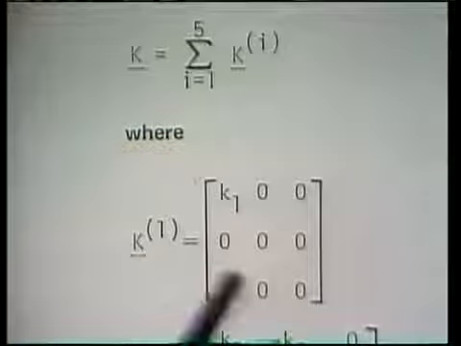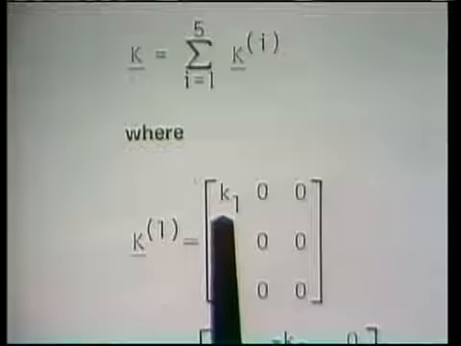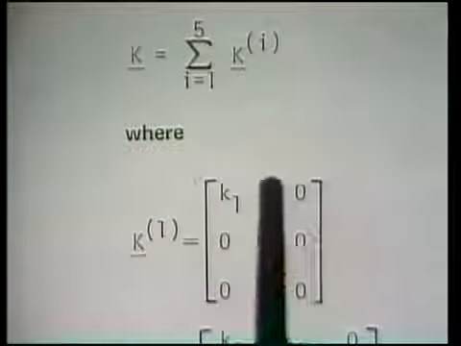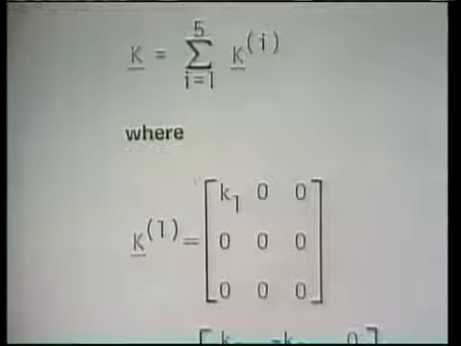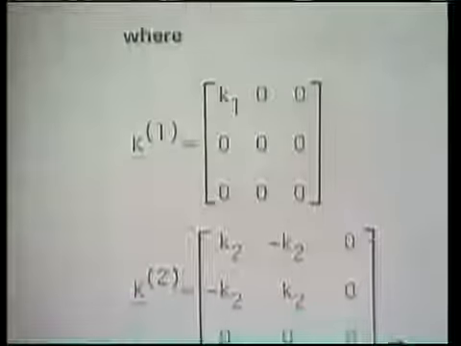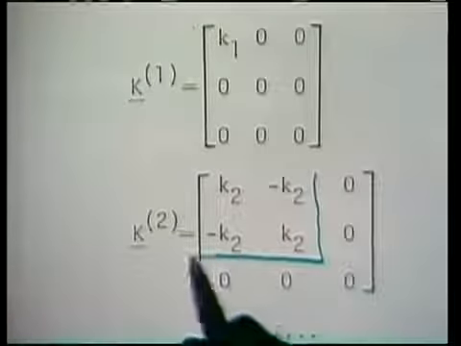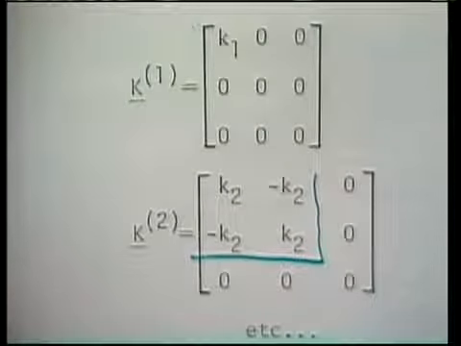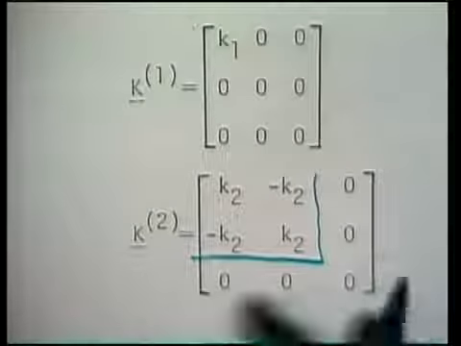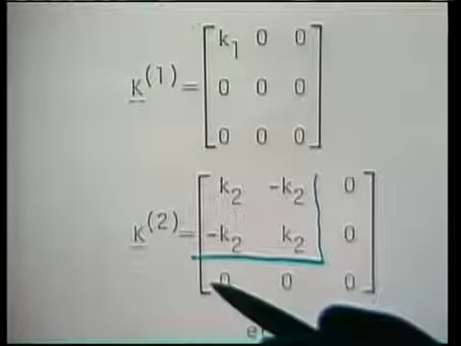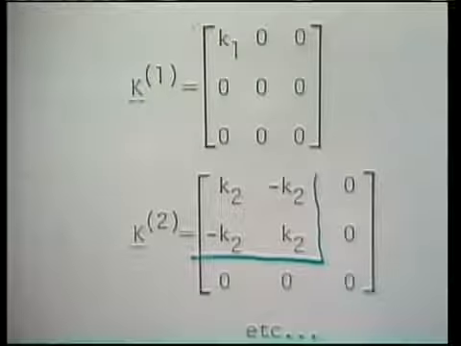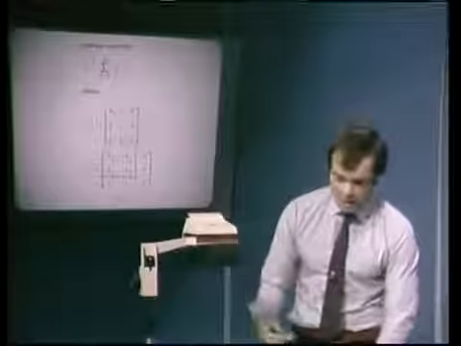It's a 3 by 3 matrix with just k1 in the 1,1 position, all the other elements being 0. K2 is this matrix. So what I have done is I've taken the 2 by 2 matrix, which appeared in the element equilibrium requirement, and blown it up, filling zeros for the third degree of freedom. Similarly, we would obtain K3 and so on.